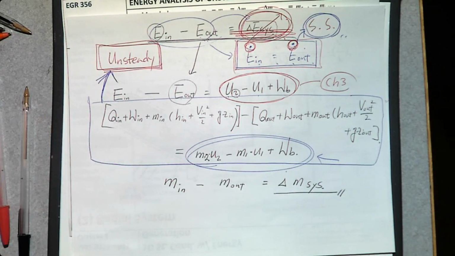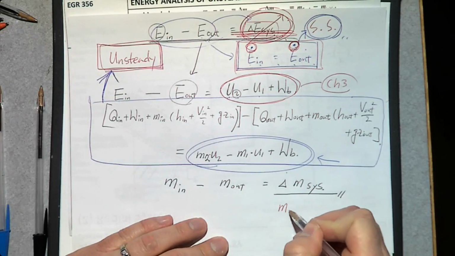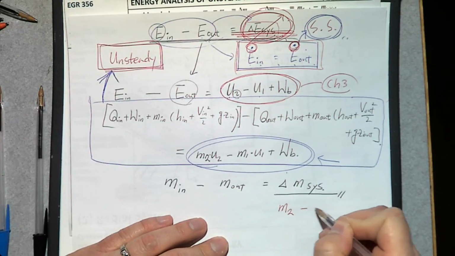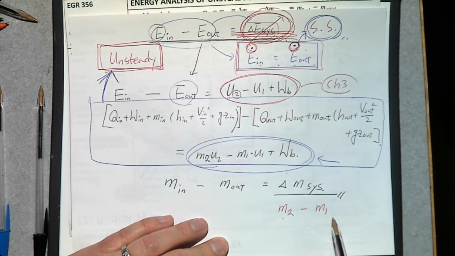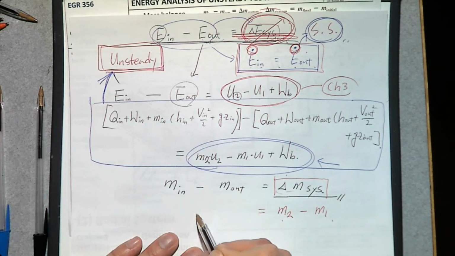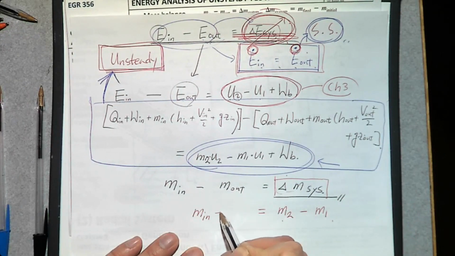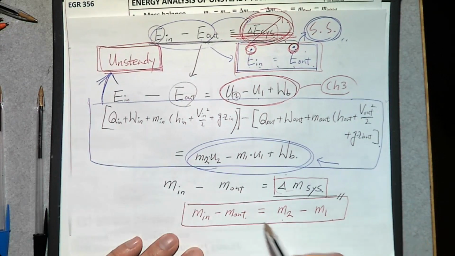If you want to calculate the weight change of your body before and after entering a buffet, you can measure the weight of your body after eating and the weight before eating. So M2 minus M1 is how we determine the change of the mass. It's going to be mass in minus mass out. So this is the mass balance equation.